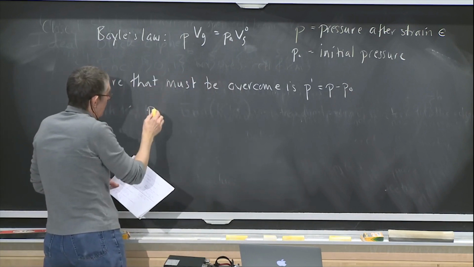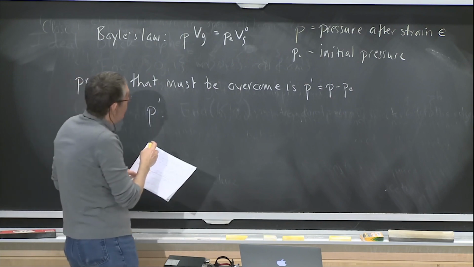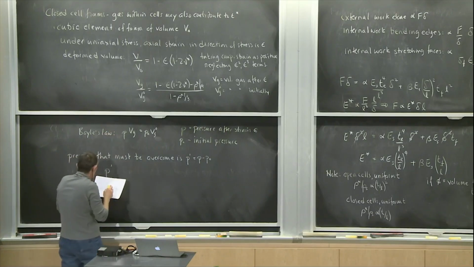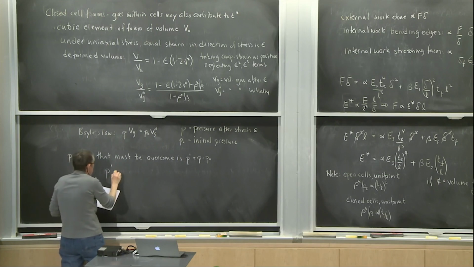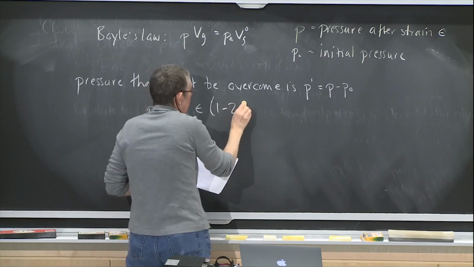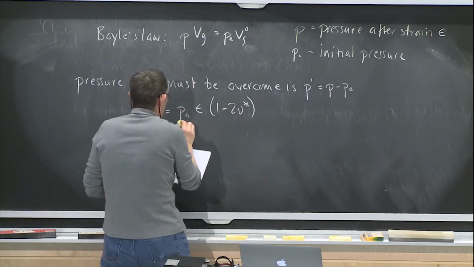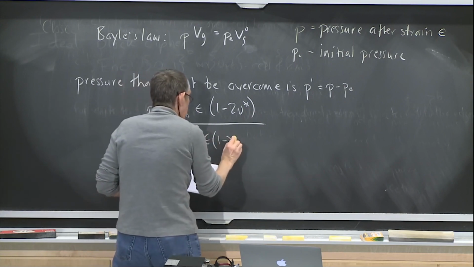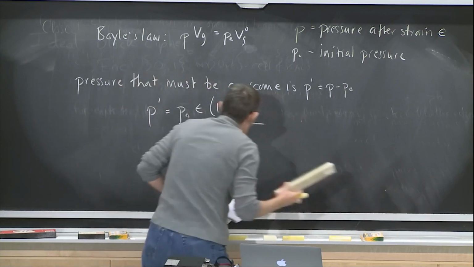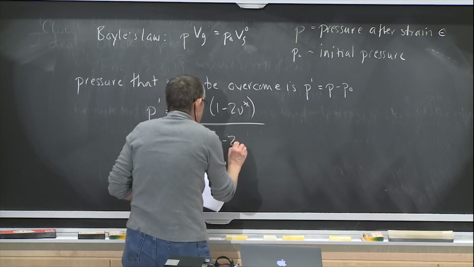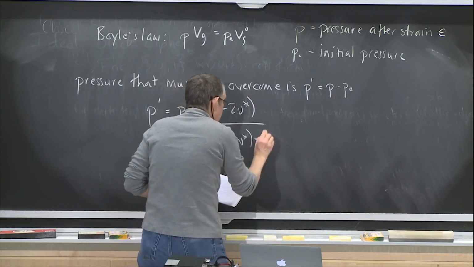And again, I'm missing out a bunch of steps, but using that expression and this expression and this expression, you can find that P prime is equal to P naught times epsilon times 1 minus 2 nu divided by 1 minus epsilon 1 minus 2 nu, minus the relative density.